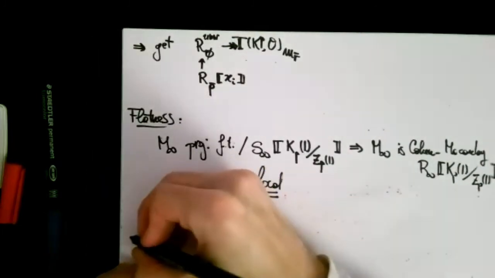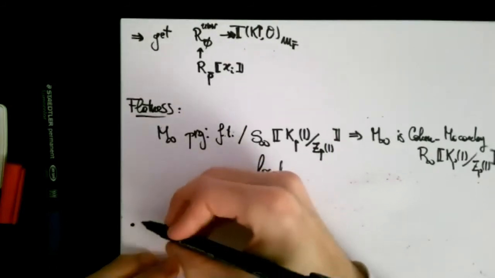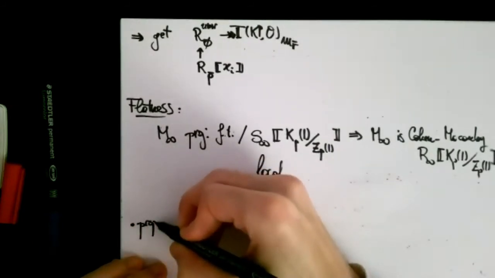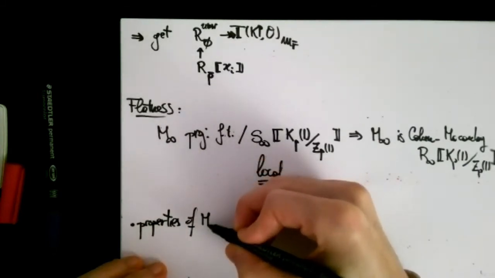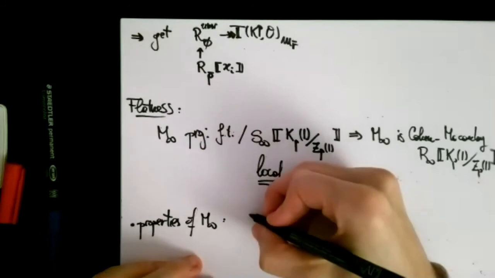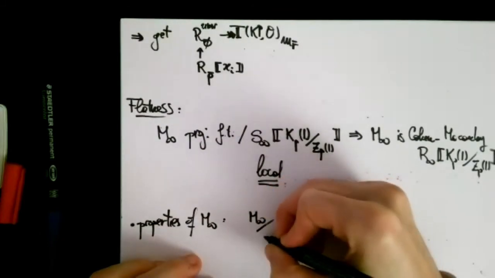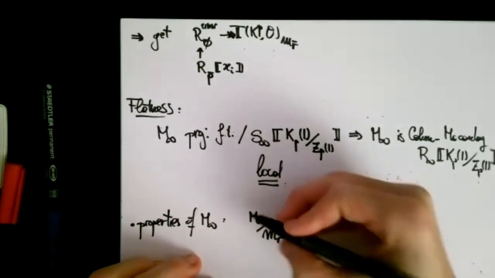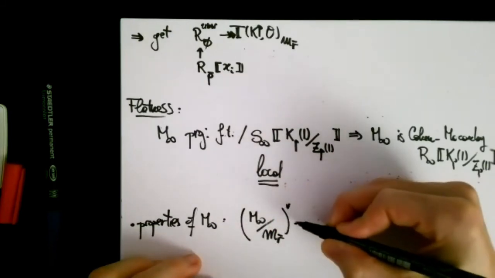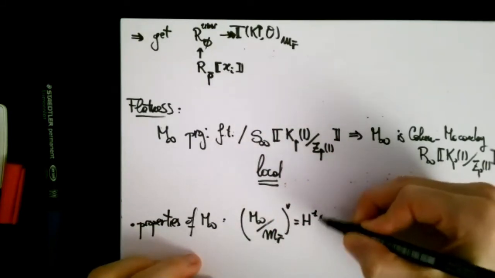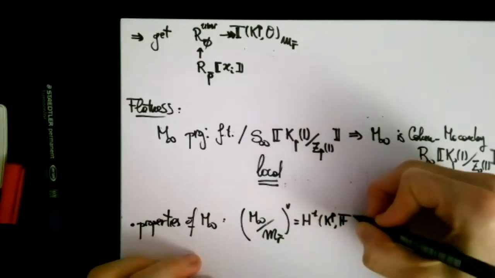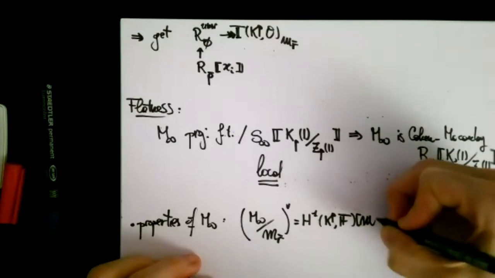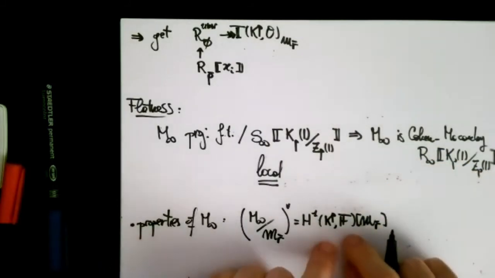And now we have the following. By the properties of M infinity, we know that M infinity mod the maximal ideal, localized, is equal to H1 K upper P comma F, localized at the Hecke eigenspace. So this is our representation.